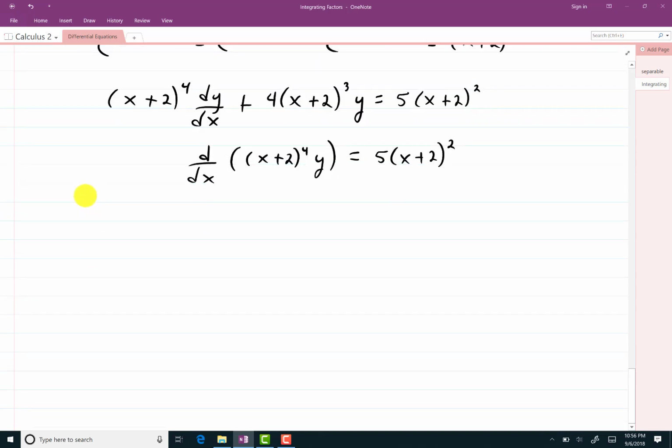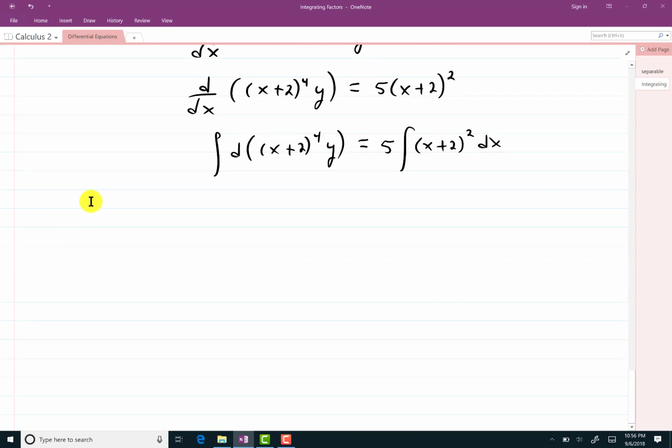And so I'm ready to multiply by dx and integrate. So I'll have the integral of d of (x plus 2) to the fourth times y, and that equals 5 times the integral of (x plus 2) squared dx. And then, of course, the integral and the d cancel. So you get (x plus 2) to the fourth times y.